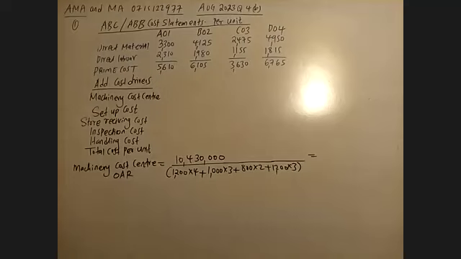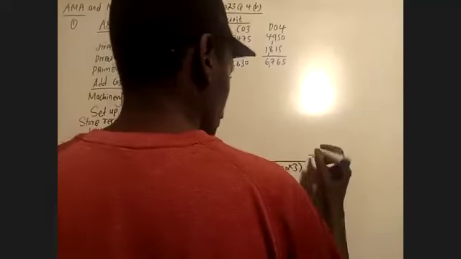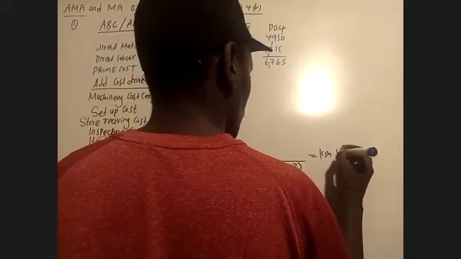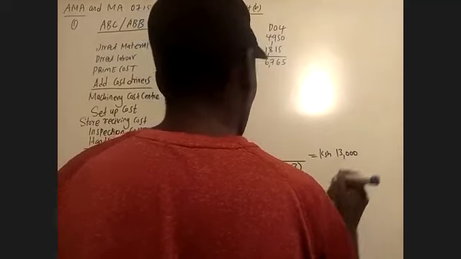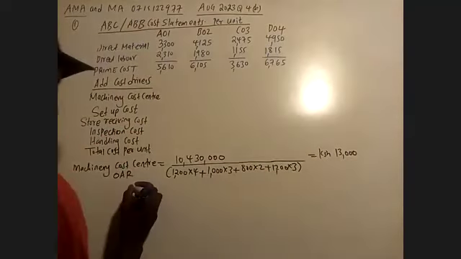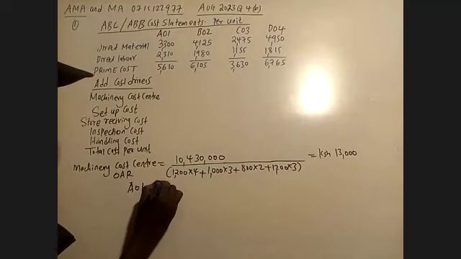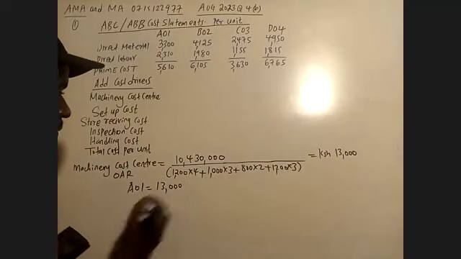So itakuwa ni 1200 times 4, 1000 times 3, 800 times 2, 1200 times 3, Kenya shillings 13,000.